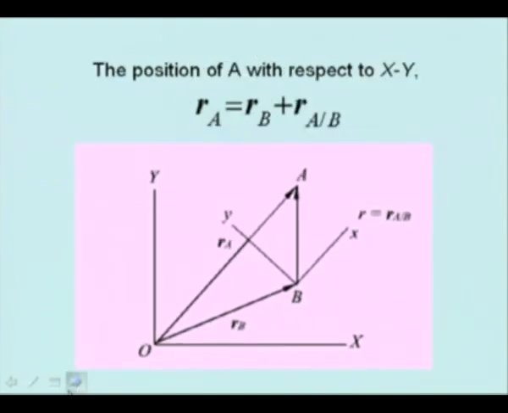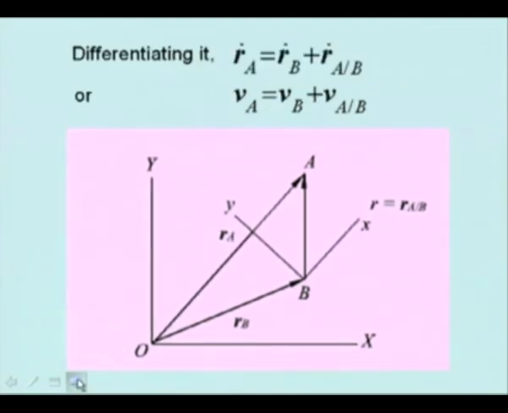Now, the position vector of A with respect to x y is given by R A is equal to R B plus R A with respect to B, that is R A slash B. With this we can differentiate this position vector with respect to time, because we now have some idea about vector calculus. Vectors can be differentiated.